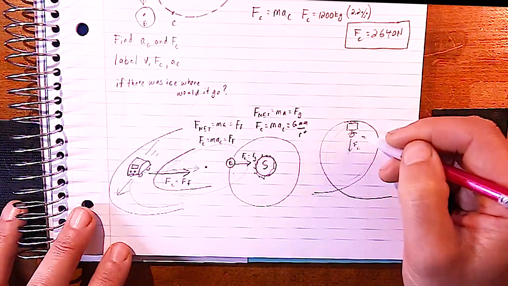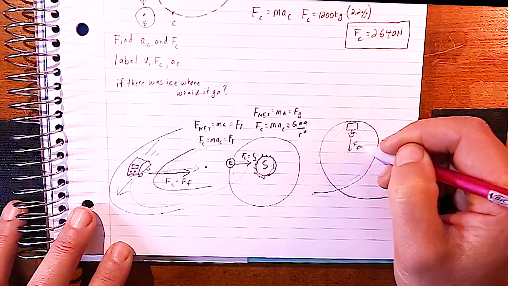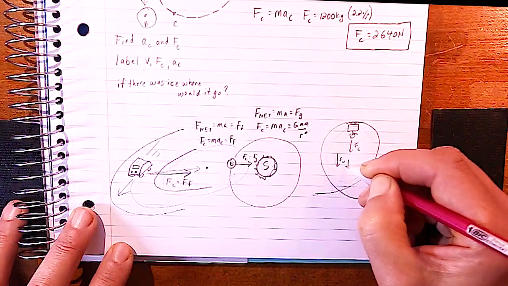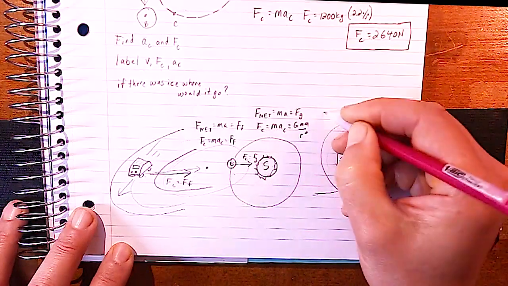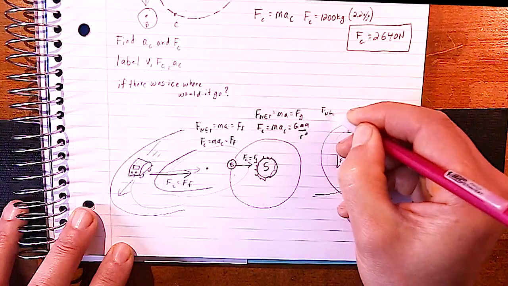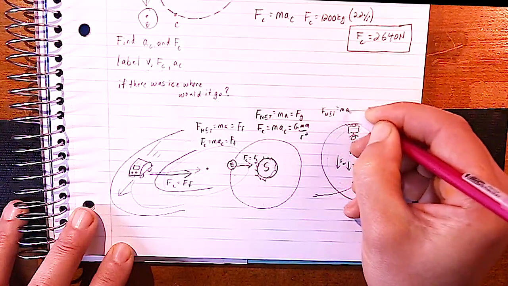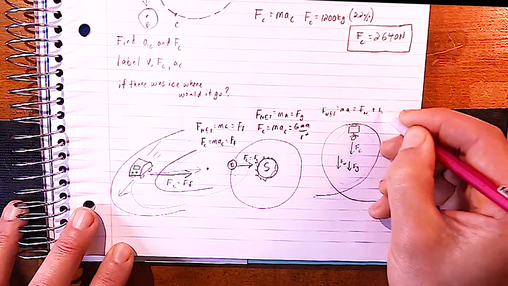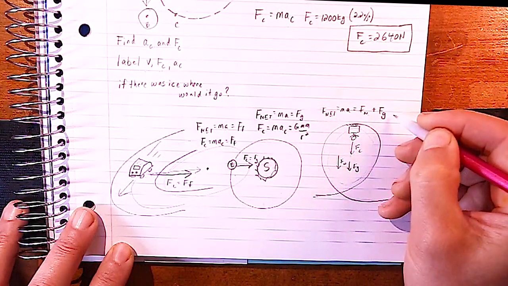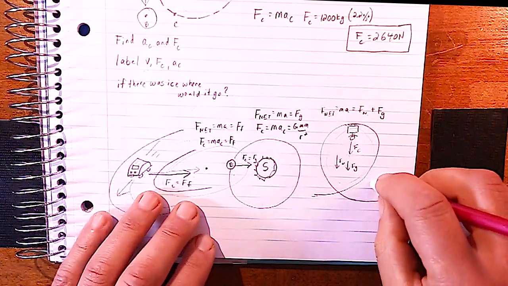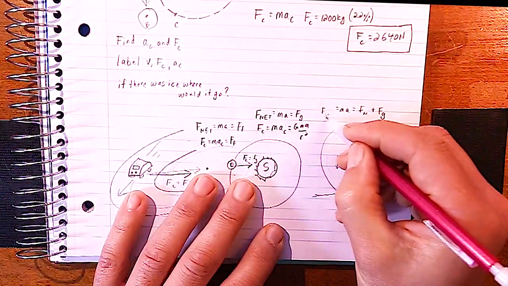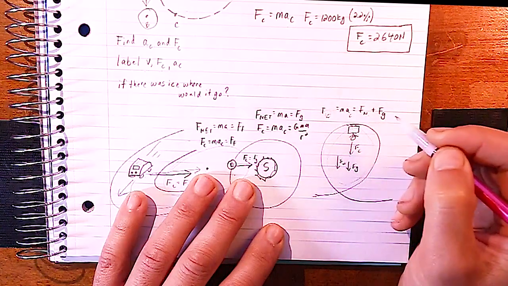So we have two forces acting as the centripetal force, the normal force of the track and the force of gravity. So our net force equation would be F net equals ma equals Fn down plus Fg down. What could we do to solve it for centripetal? Well, we would just change that net force to Fc and ma to mac.